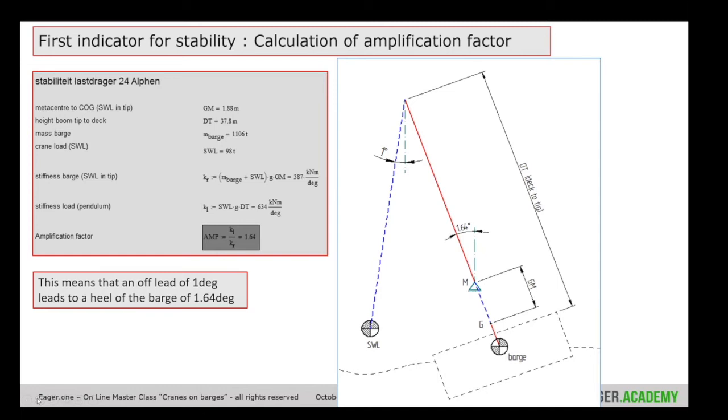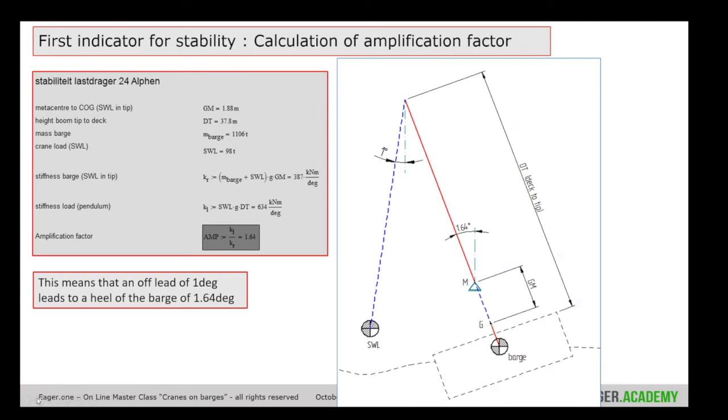So when you relate these two stiffnesses to each other, you get a kind of amplification factor. In this case, calculated for the Alphen accident, it delivers you a 1.6. This means, and then we go to the right, you see these two angles. What happens when you shift the load with a 1 degree off-lead?